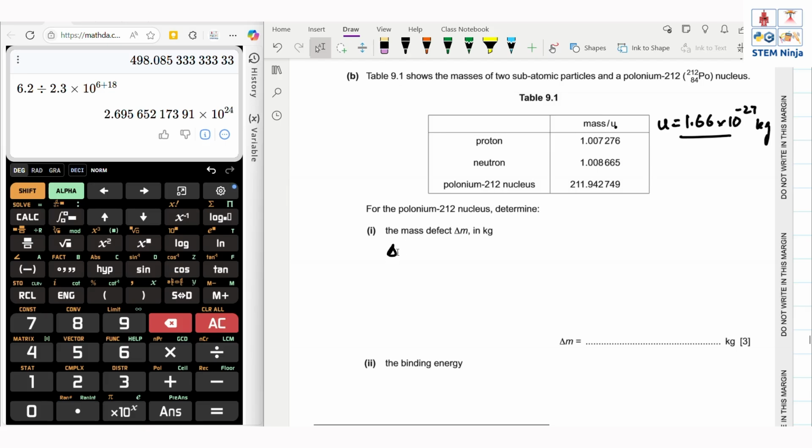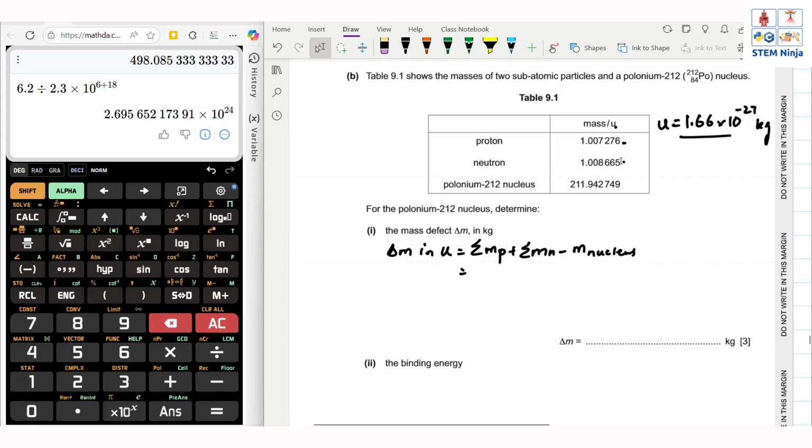So mass defect in u, first we will do total mass of protons, total mass of neutrons minus mass of nucleus.